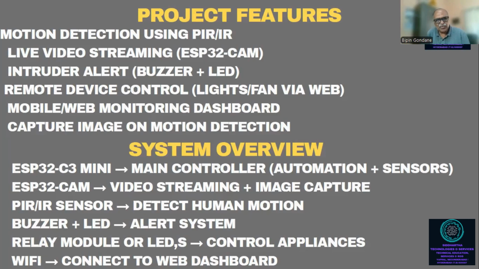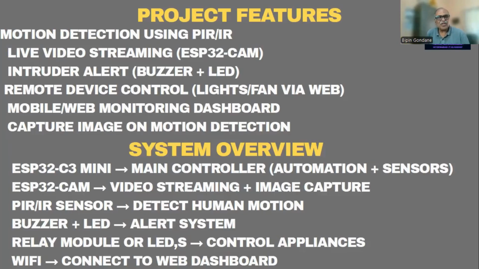I have only used LEDs in my project, but you can use a buzzer also because I have given provision in the code. That is connected to the ESP32C3. Remote device control, that is light and fan via web. Please remember it is based on a web server also, so you can control your devices with the help of your mobile phone or any computer. That is the main point.